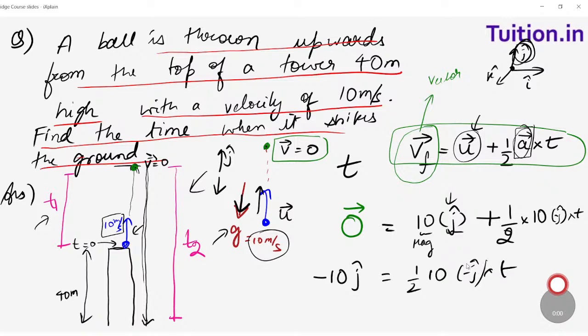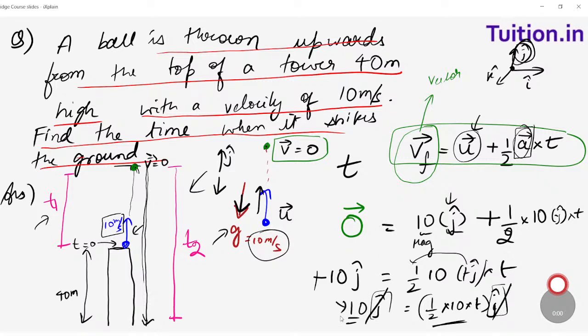Now this minus can be pulled out. In fact, this minus and this plus will cancel with each other. It will become plus on both sides. So you have 10 j cap is equal to half into 10 into t j cap. This is the scalar. This is the vector part. I can cancel the vector part now because it's common on both sides.